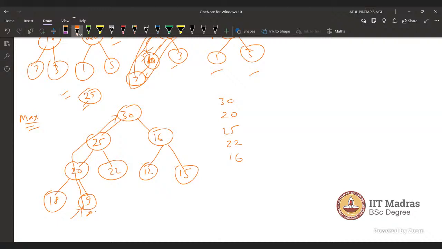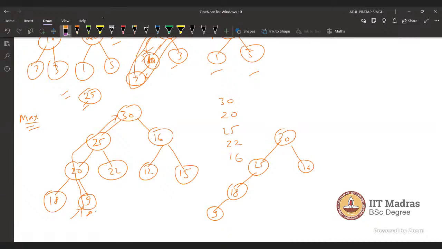Before that, the binary heap will look like this: 30, 25 and 16, and this value is 18 and this is 9. So no, 20 is not possible. 20 is also not possible.